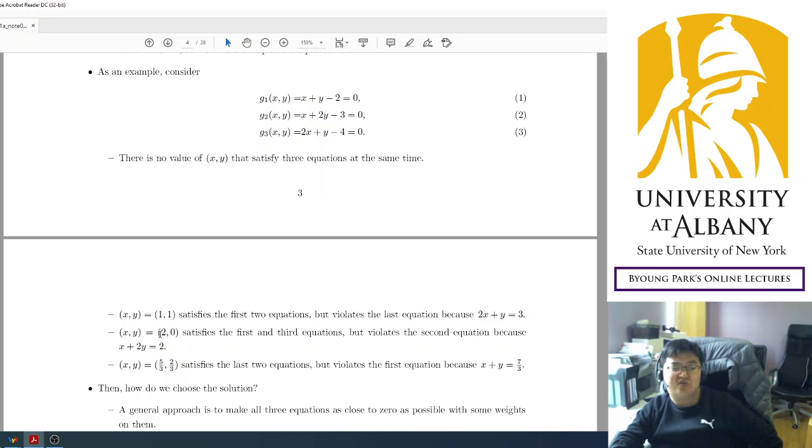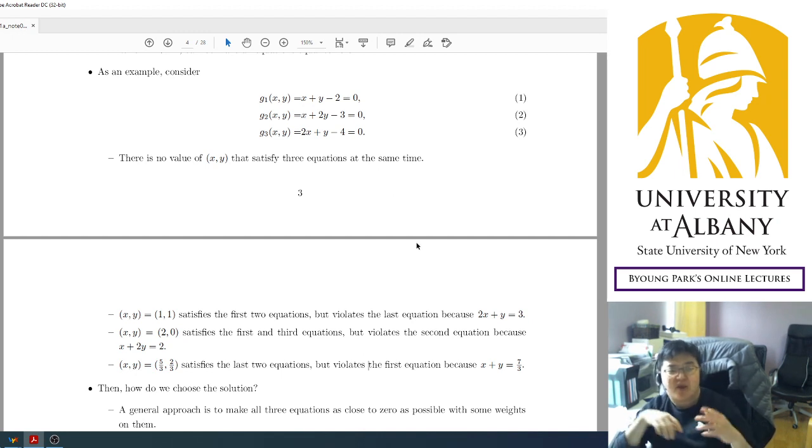And if you put 2, 0, then the first and the third can be handled. They are 0, but the second equation is violated. The second equation becomes 2 minus 3, which is minus 1, not 0. And similarly, if you choose the last two equations, you get this solution, but the first equation is not satisfied.